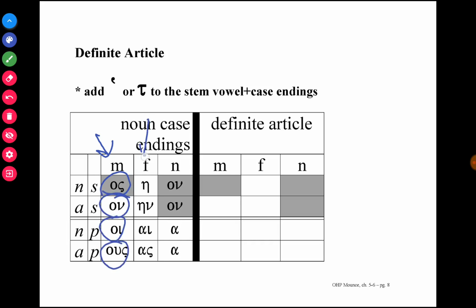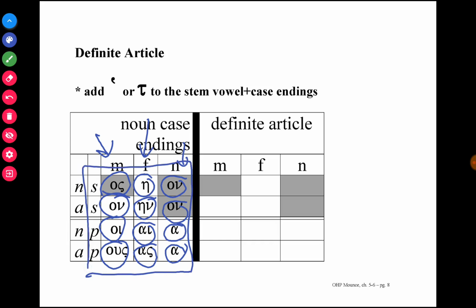For the feminine case endings, it's a, ein, hi, has. And for the neuter case endings, it's on, ha, ah.